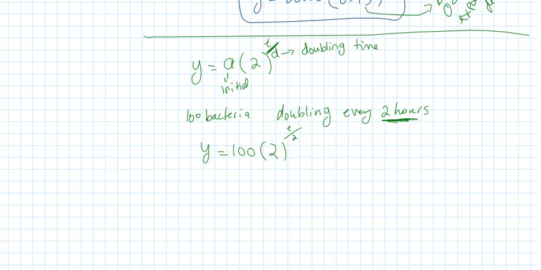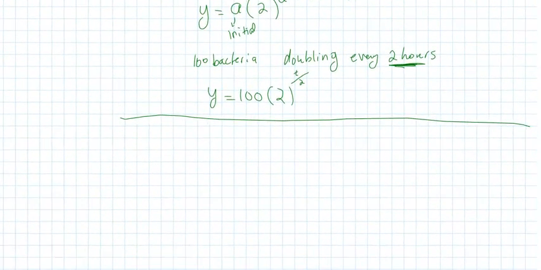So what would be my base in that case? 0.5, my base. Because it's half-life, basically I'm taking something and cutting it in half. So it's going to be 1/2 or 0.5.